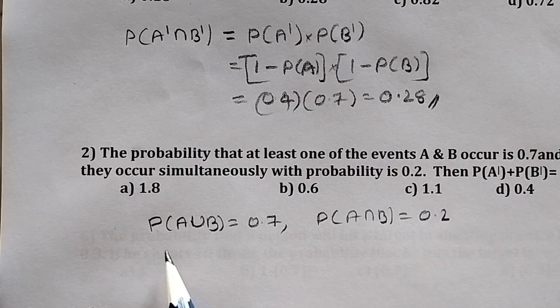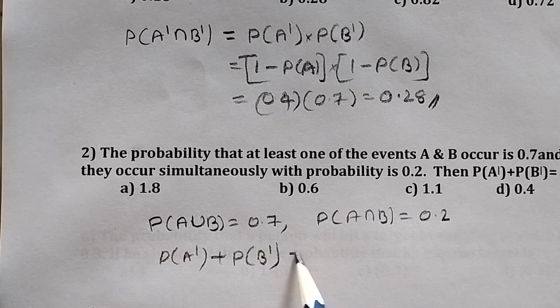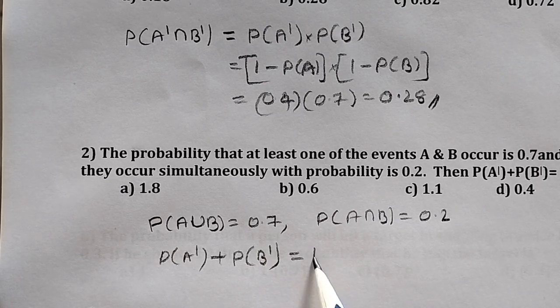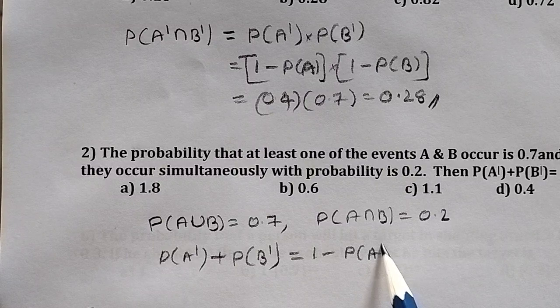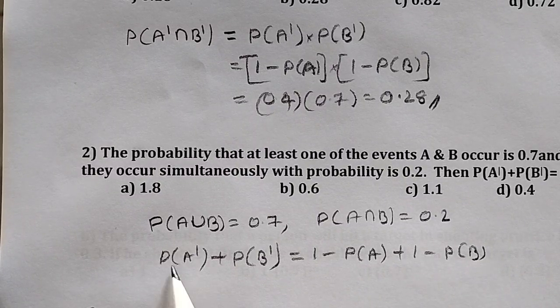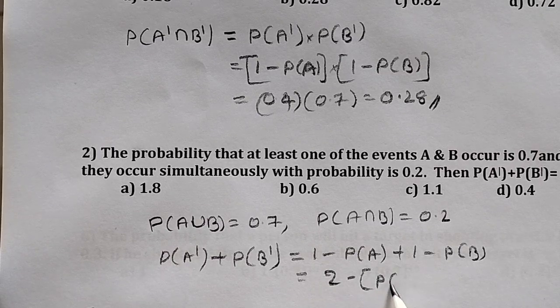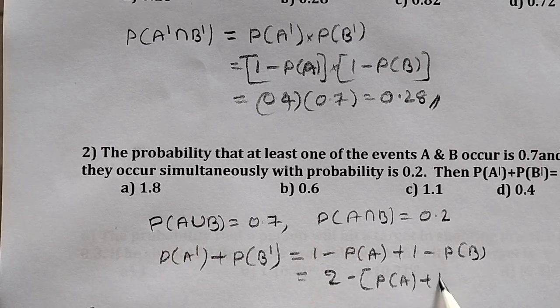That is equal to 1 minus P of A plus 1 minus P of B, since we know the formula P of A dash equals 1 minus P of A. From these two, we get 2 minus P of A minus P of B.